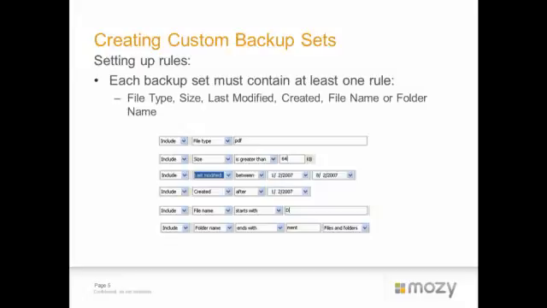So you might say include all file types of PDF, as is displayed on the screen. And then you might say exclude any files that are size greater than 10 meg. That way you could prevent those additionally large files from being backed up if that was your intent. Again, there's a great deal of flexibility here.